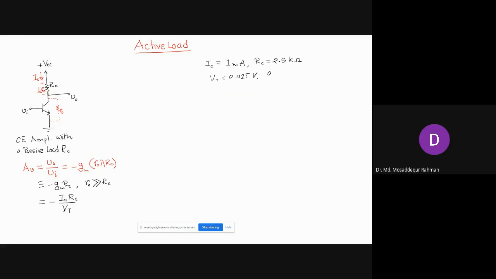To write the voltage gain straight away, voltage gain is IC RC divided by VT. IC is 1 milliampere, times 2.5 K for RC, divided by 0.025 volt. If you do the math, you get a gain of about 100 volt per volt.